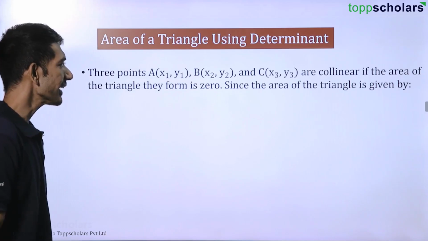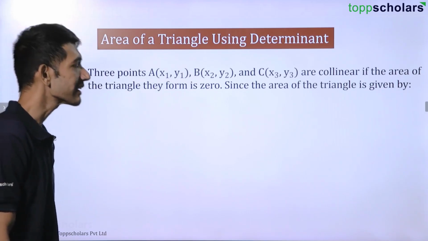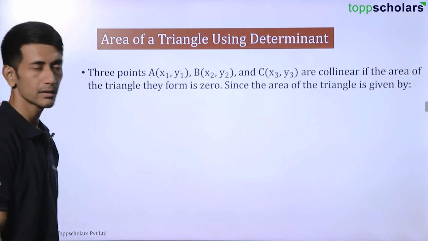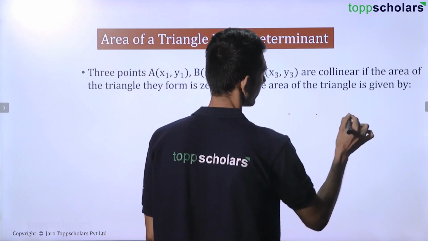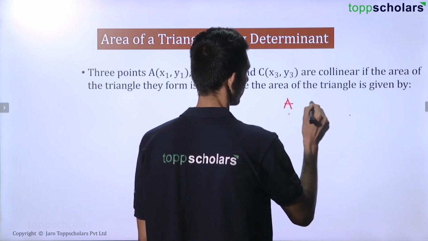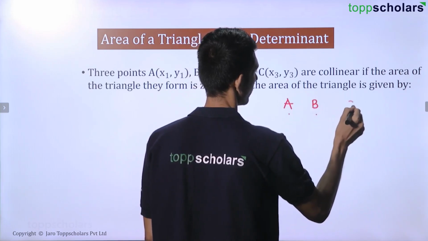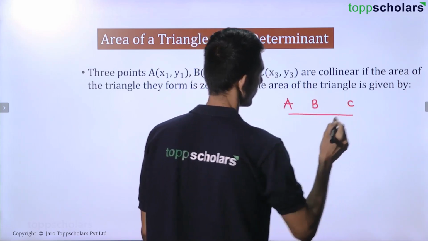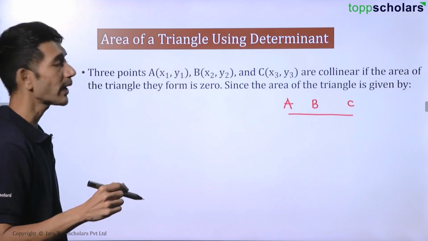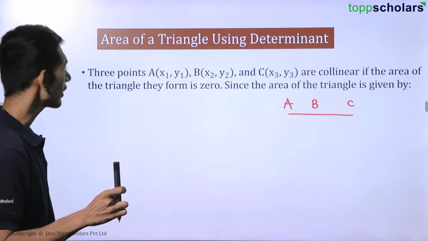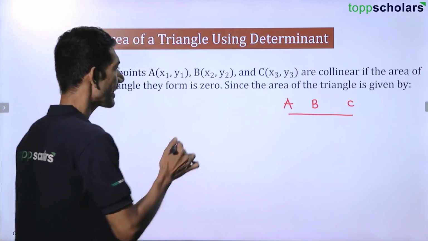Three points A (x1, y1), B (x2, y2) and C (x3, y3) are collinear. Collinear means they lie on the same line. They are collinear if the area of the triangle is 0.